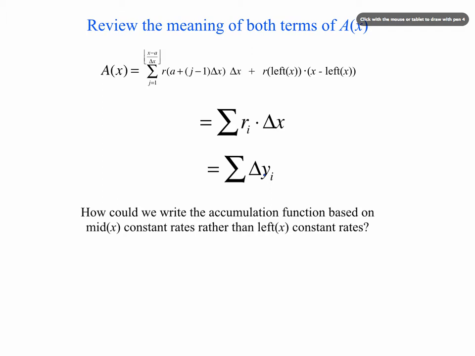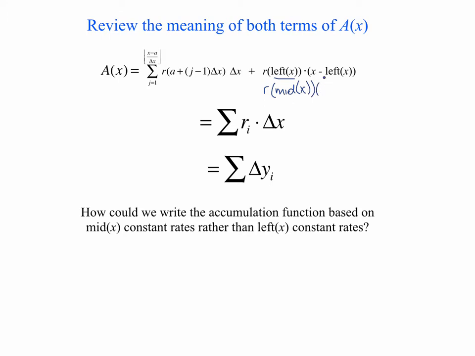You said r of left of x? You want to change it? So in this term, you want to change r of left x to be r of mid x. And that's because we're taking the rate at the midpoint of every interval.